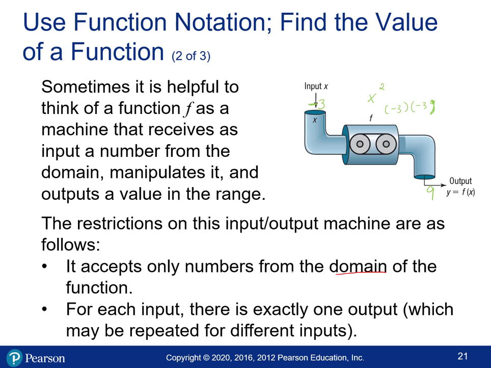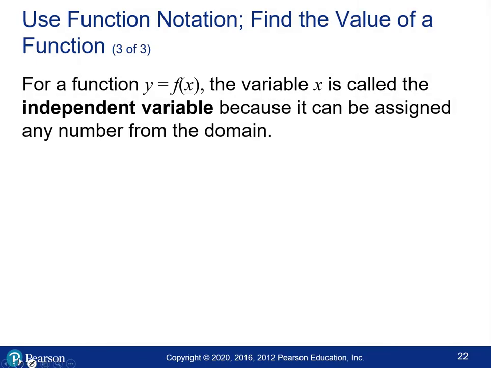That's okay. What makes it break, and we talked about this in the last video, is if we had two outputs. A machine is broken if, let's say, I plug in -3 and I get out 9 and -9 at the same time. That would be a broken machine. We wouldn't want that. So make sure that we only get one output from one input at a time.